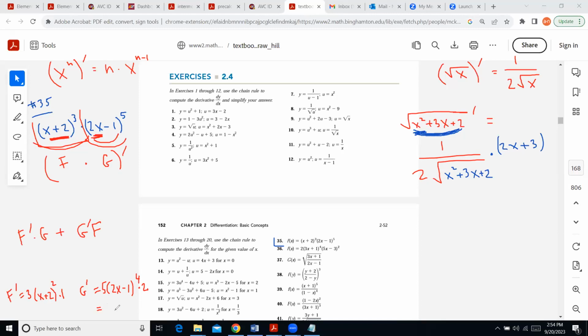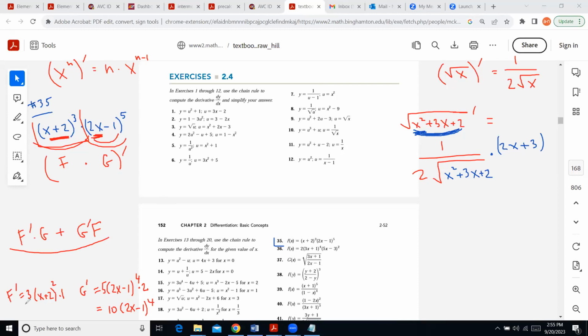So at that stage, we're going to multiply 2 by 5 and get 10 with 2x minus 1 to the 4th. And now I need to set up this entire structure. So I need to put all of this in one single sum.